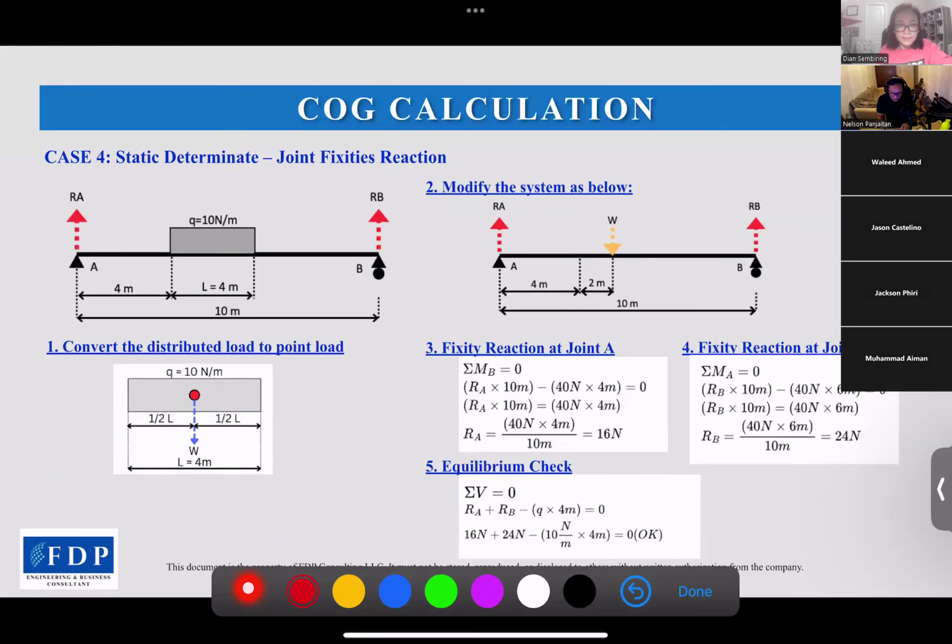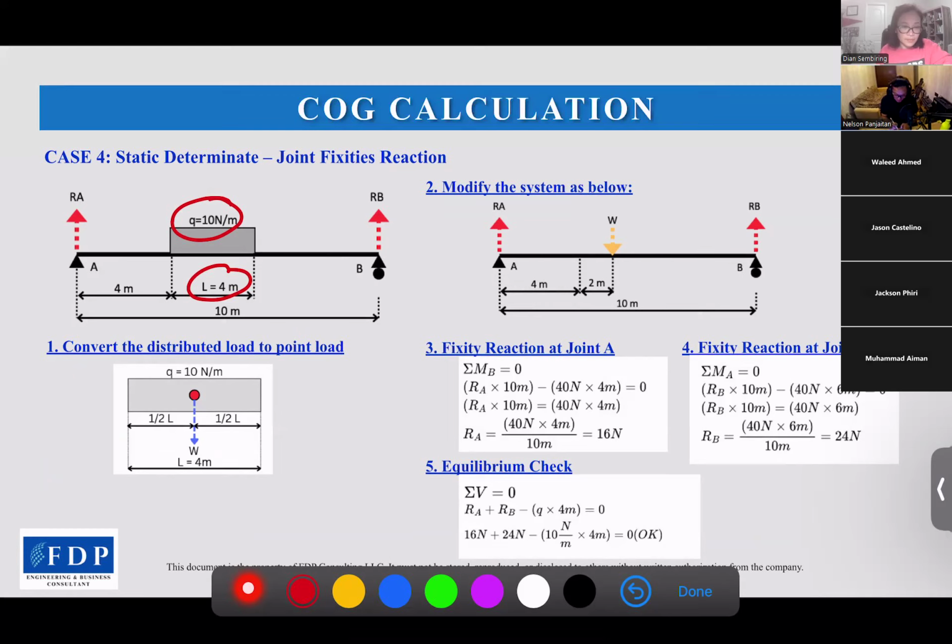Now case 4, we have a distributed load here, length 4 meters, and the distributed load is 10 Newton per meter here. How do we get the joint reactions from this system? First, we need to convert the distributed load into a point load.